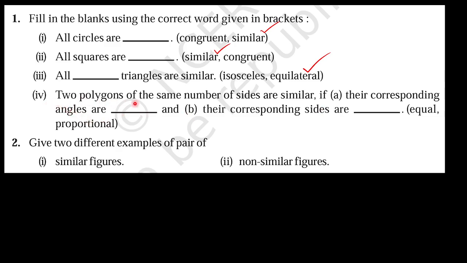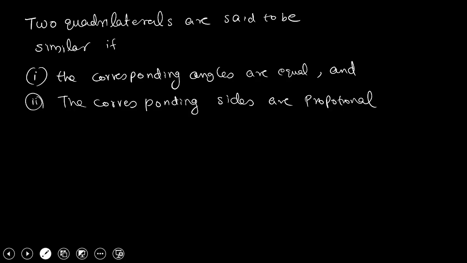Two polygons of the same number of sides are similar if their corresponding angles... this you have already written as a note, right? Two polygons, polygon means quadrilateral or any number of sides. We have written it as quadrilateral, but generally it includes polygons having more than 4 sides.